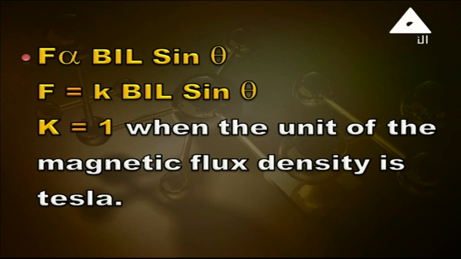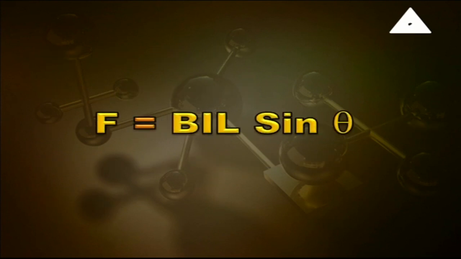So the relation to determine the force of a magnetic field on a wire that carries a current is F equals BIL sine theta. Okay, F equals BIL sine theta.